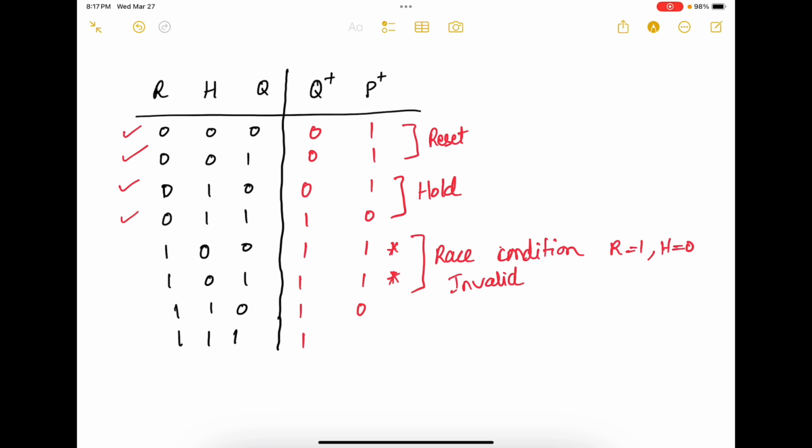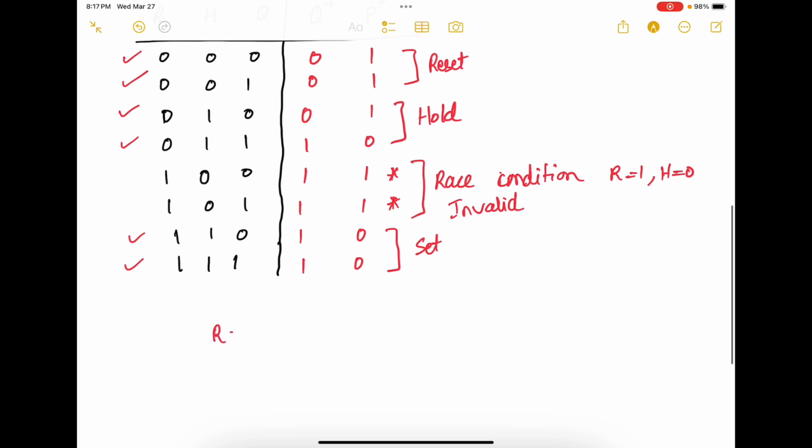So your Q plus is 1 and P plus is 0. This is similar to the set condition in your set-reset latch, or SR latch. So these two inputs are valid. Therefore, for this latch to work properly, the restriction on R and H is that R can never be equal to 1 while H is 0. So that's the restriction.